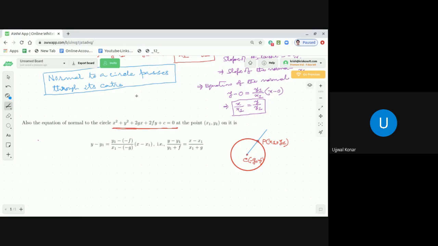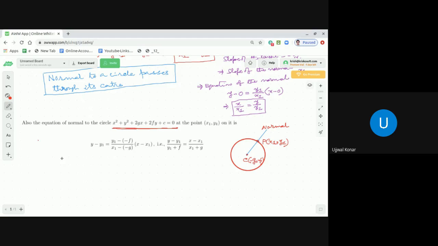Now if you look into this, we are going to find the equation of this normal. Now this normal passes through the point x1 comma y1. So let me derive it, then you will find out eventually how I come to this.